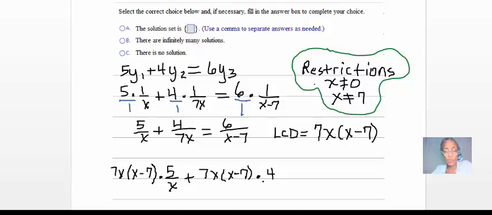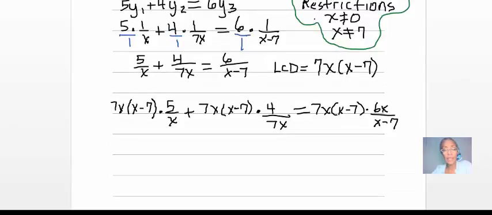So this is the smallest expression that each denominator divides into evenly. Alright, so I've written that each term is going to get multiplied by the LCD. And remember, each denominator is going to divide evenly into the LCD, so all denominators will be eliminated.